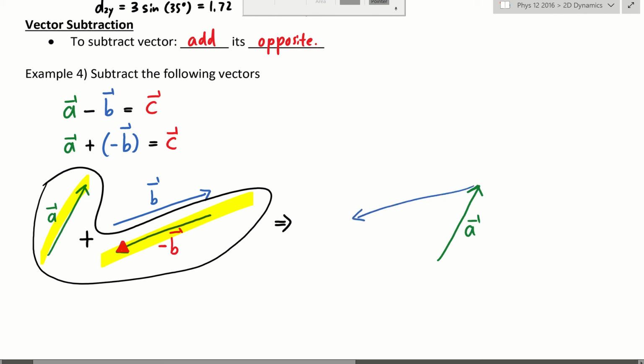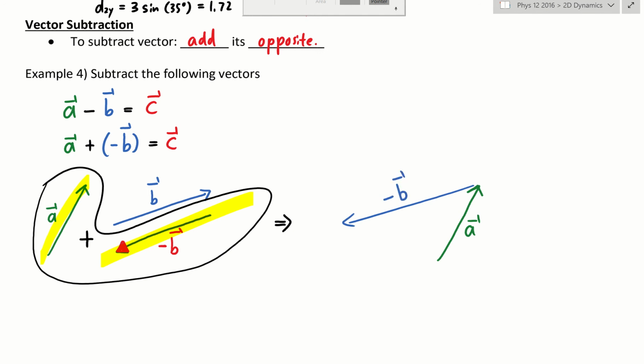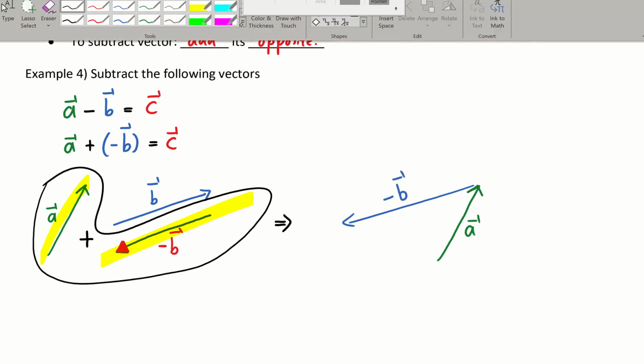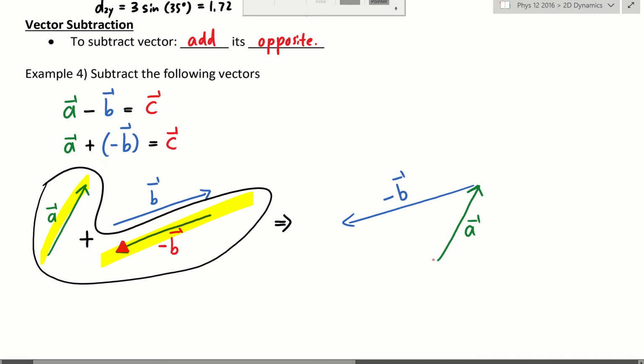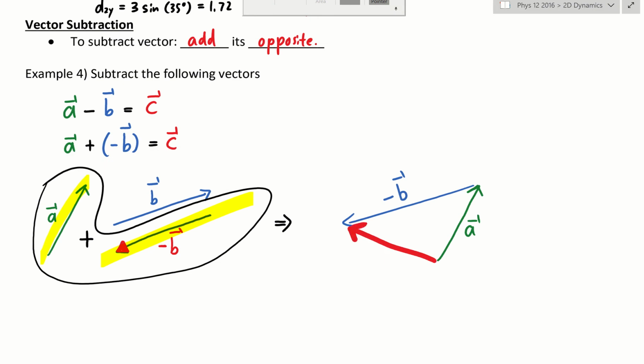So this is the opposite, or the backward, of vector B, or the negative of vector B. And all you have to do is draw a line from the beginning to the end. There you go. And that's your result. So this is A minus B.